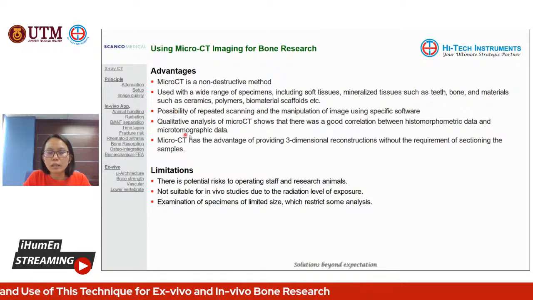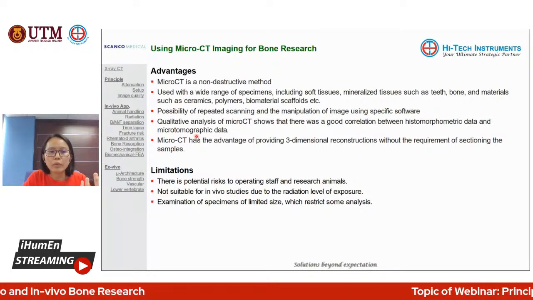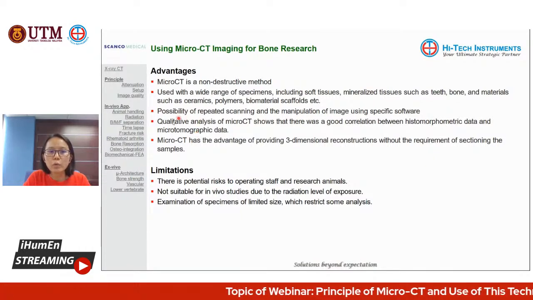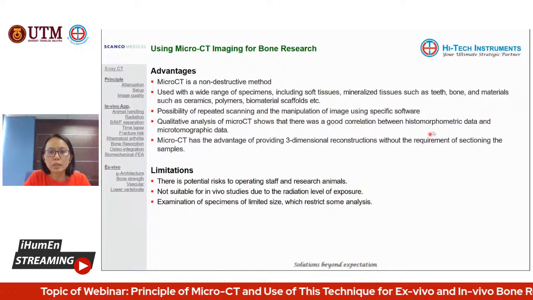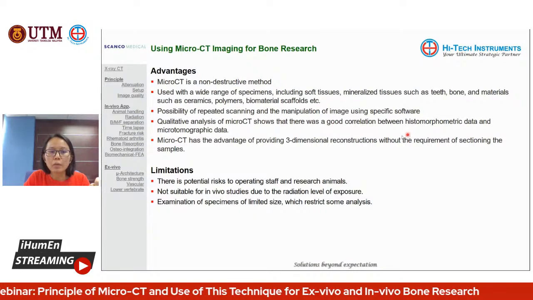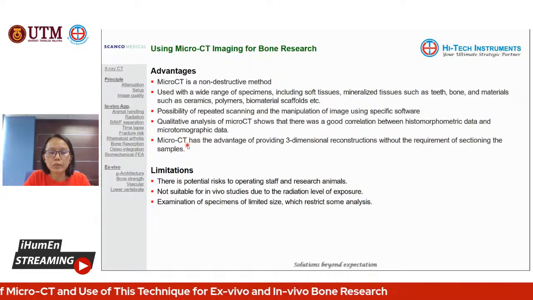Another advantage is that you can obtain a lot of both qualitative and quantitative data. For qualitative, it shows a good correlation between histomorphometric data and microtomographic data.